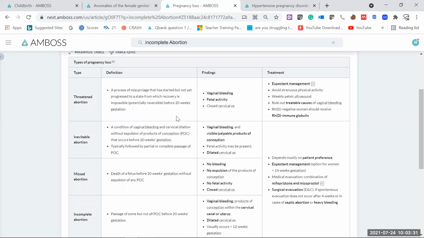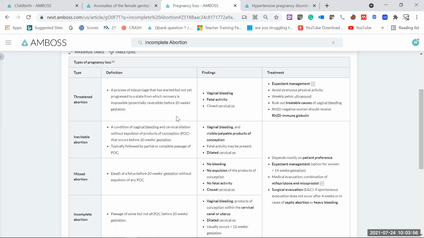Now we have another type, that is inevitable abortion, a condition of vaginal bleeding and cervical dilatation without expulsion of products of conception that occurs before 20 weeks gestation. So here the patient must be having vaginal bleeding and the cervix is open. Of course, when the cervix is open, right now you are not feeling anything in the canal, but still the RPOCs are inside.